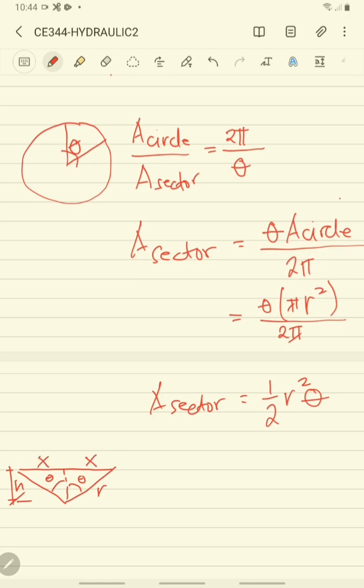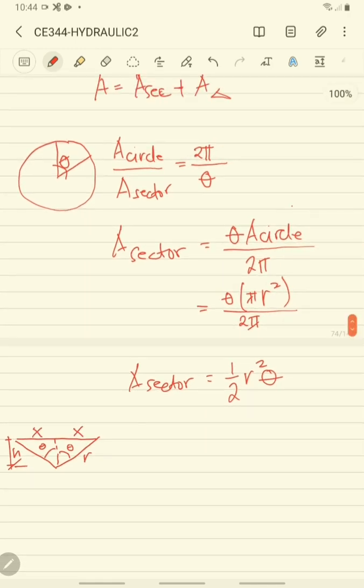This is your x. We know that the area of the triangle is just equal to 1/2 times base times height. Our base here is equal to 2x. So you have 1/2 times 2x times h. 1/2 times 2 can be cancelled out. What remains is x times h.